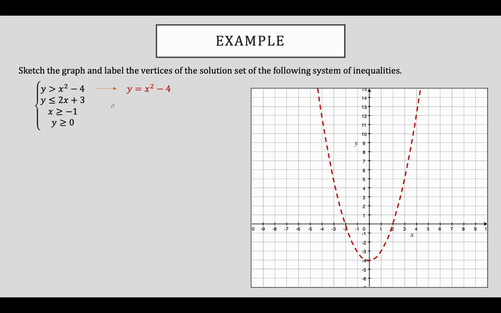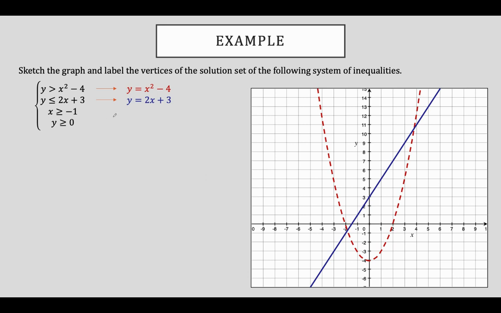Next, we want to graph the line y equals 2x plus 3. Well, this line is written in slope-intercept form. We know that we have a y-intercept of +3, and we know that this graph has to have a slope of 2. That means we go up 2 over 1, up 2 over 1. And when we draw out this line, we're going to use a solid line because we have the equal to part of our graph.